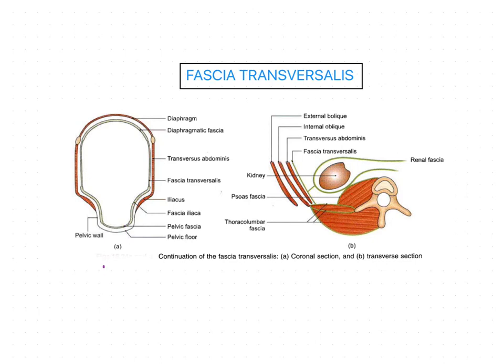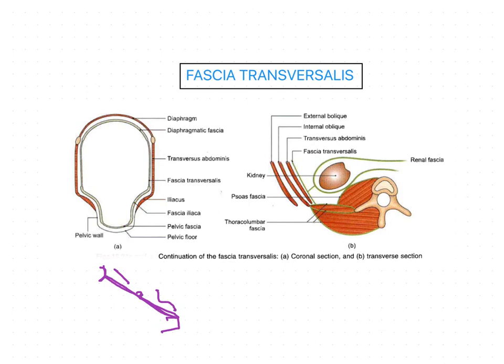For example, this is the anterior superior iliac spine and this is the pubic tubercle, and this is the inguinal ligament. So this becomes the midpoint; this is the medial half and this one is the lateral half.